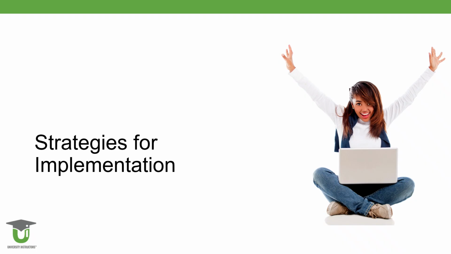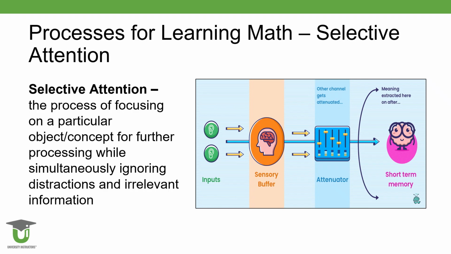Let's dive into each of these four processes a bit deeper and make connections to the learning happening in the classroom. Selective attention is one of the most natural ways that we as humans learn and take in information.